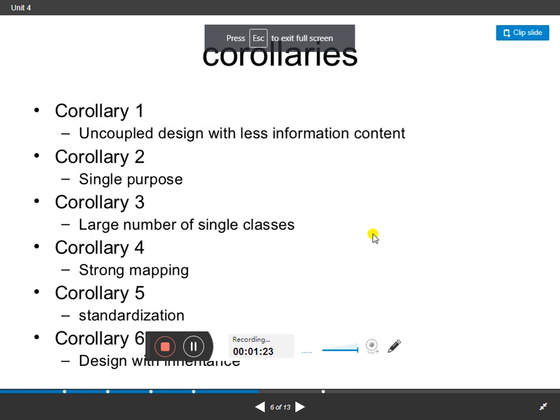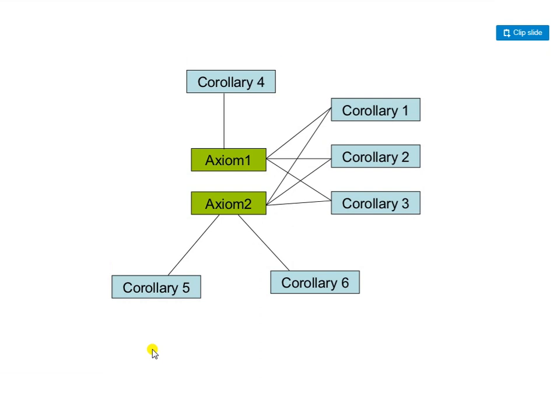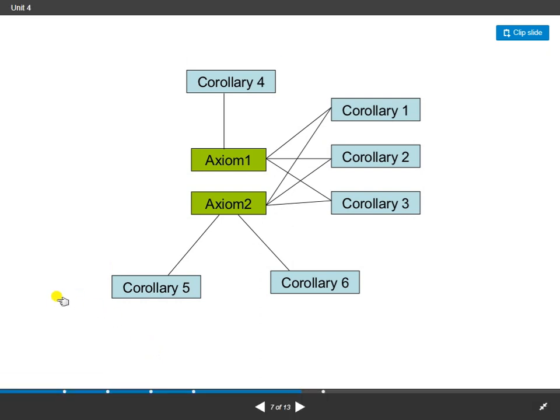They are classified into 6 types: corollary 1, corollary 2, corollary 3, corollary 4, corollary 5 and corollary 6. This is the diagram showing how the corollaries are connected with the axioms.